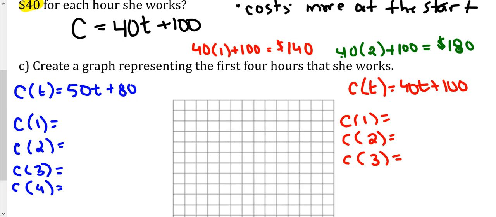Again, this is still just telling us that Y value, the cost, but we're recognizing it as a function. Every time that I put in is going to give me a unique cost.